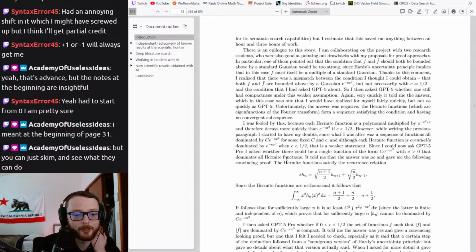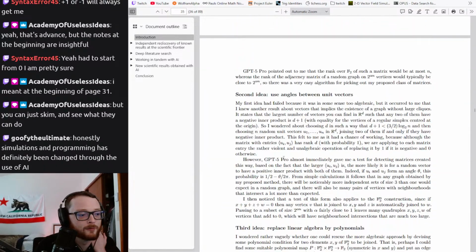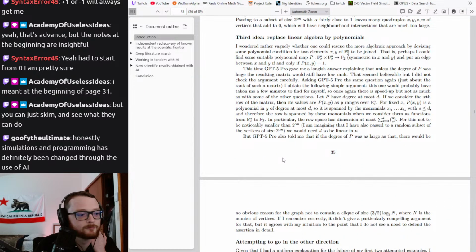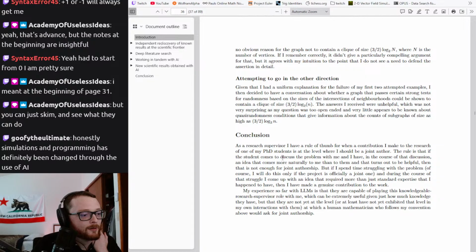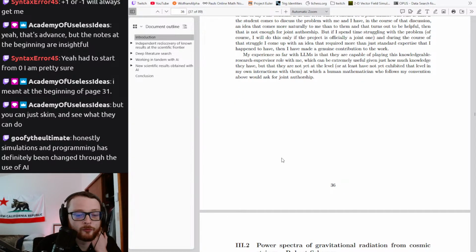The actual problems here, I don't know if I'll be able to follow them. Simulations and programming has definitely been changed through the use of AI. Yeah, and it'll probably just continue to be.